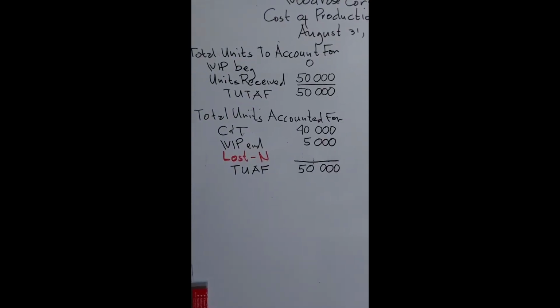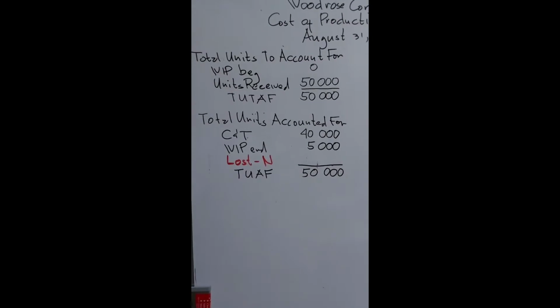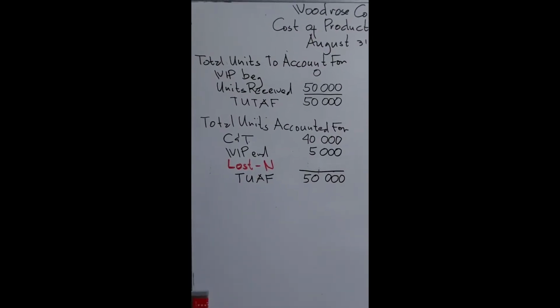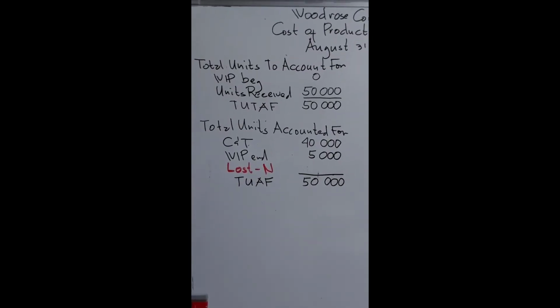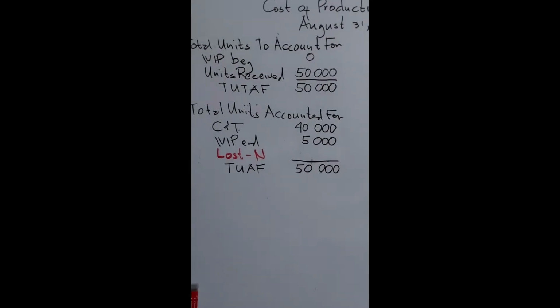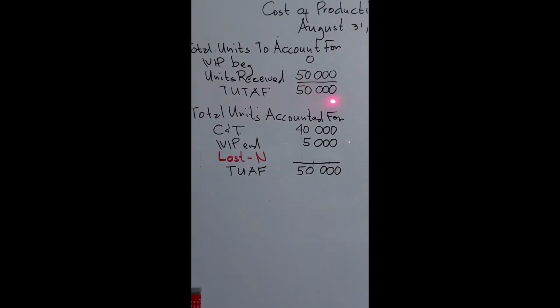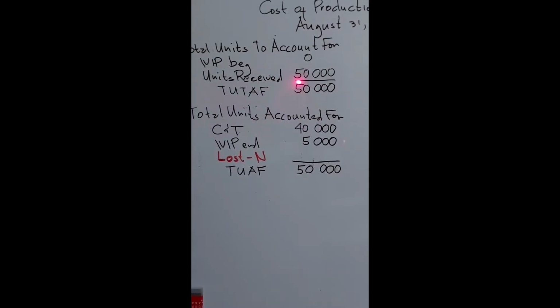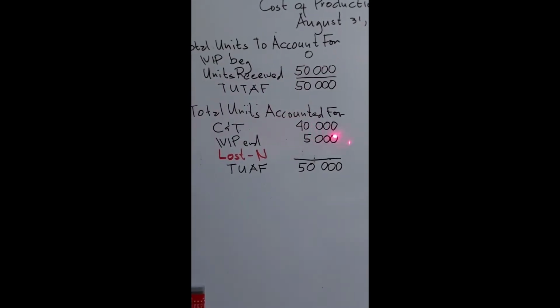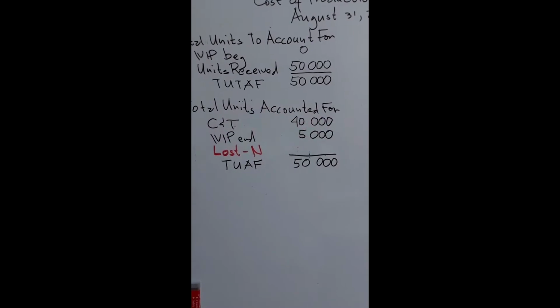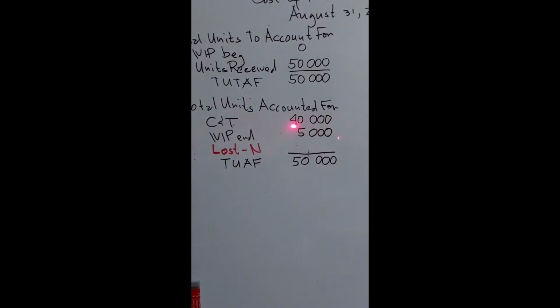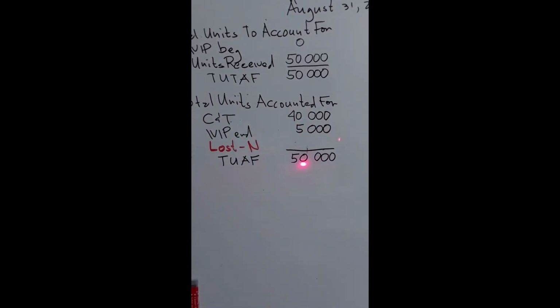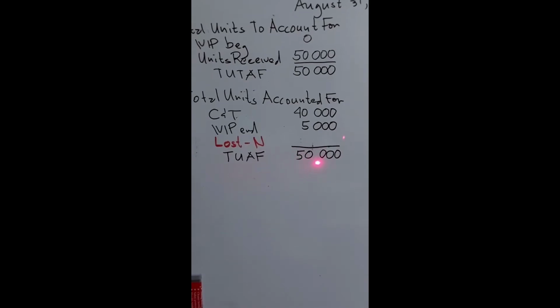So yung work in process beginning natin dyan ay 0, tapos ang units received daw natin ay 50,000. So kaya ang total units to account for natin ay 50,000. So pag in-account natin yan, sa 50,000 ang completed and transferred daw is 40,000, and work in process ending ay 5,000. So dapat ang total units accounted for ay 50,000.